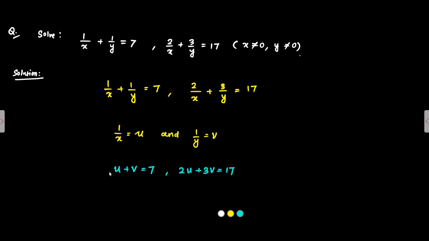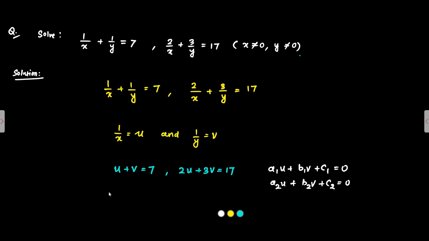Okay, we have this. Now if we compare it to the linear equations in two variables, that format, here a1u plus b1v plus c1 is equal to 0 and a2u plus b2v plus c2 equals 0. Instead of x and y, we have u and v through these substitutions, because x was in the denominator in reciprocal format. So here again we'll make some changes.